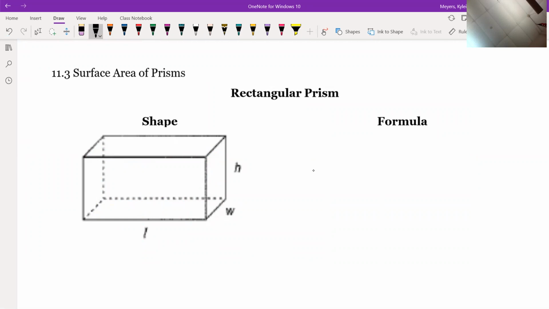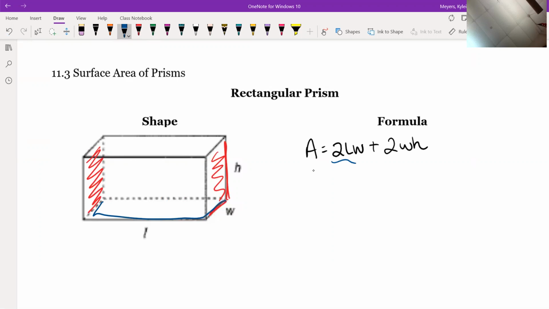And the area is 2 times your length times your width, which remember was our basic square, plus 2 times your width times your height, because now that's essentially width times height. That's these sides. This first one was length times width, down here and up here.